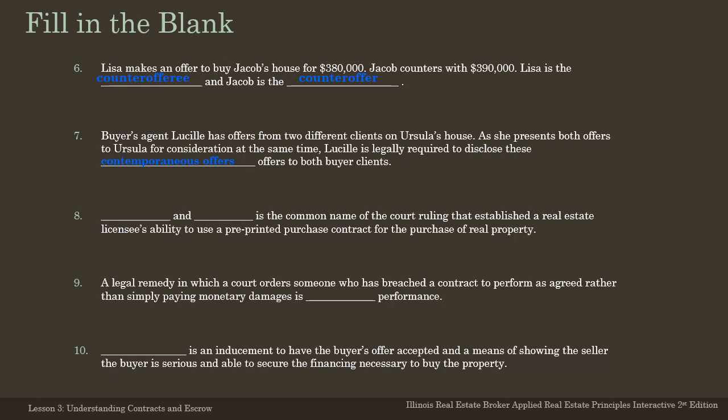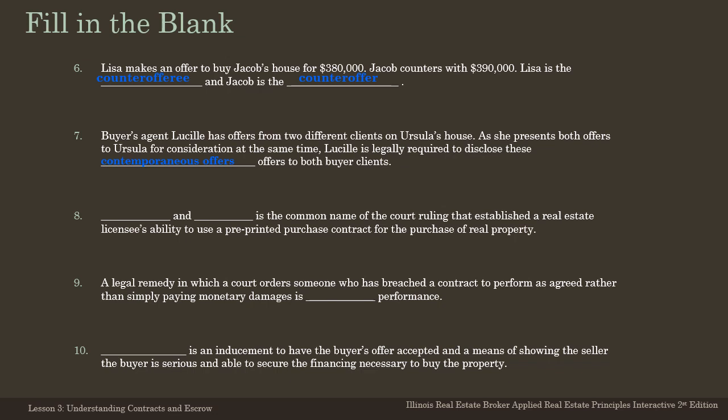Contemporaneous offers is a form called Notice of Contemporaneous Offers. Before a real estate agent can negotiate with two buyer clients on the same property, she has to get them both to agree for her, or him if it's a male, to represent them on the same property.